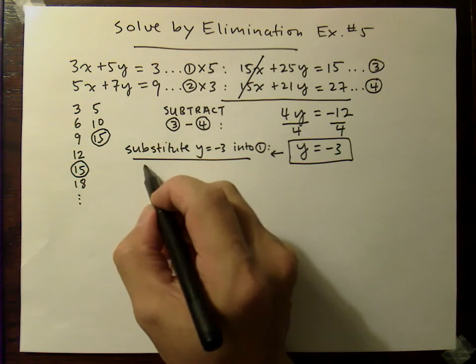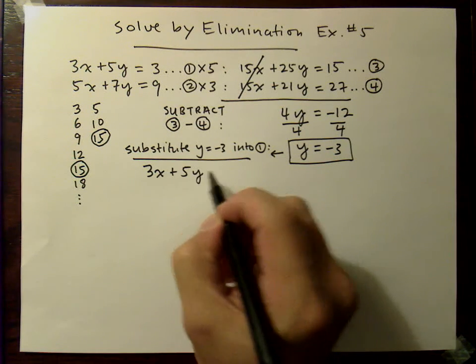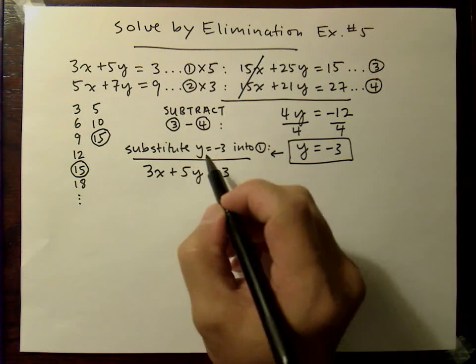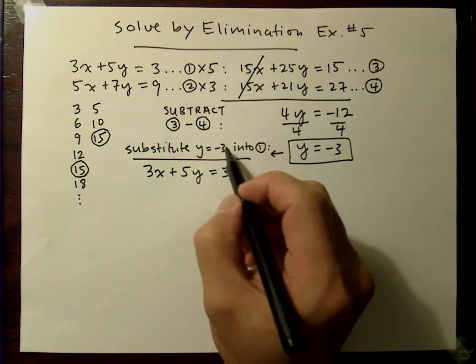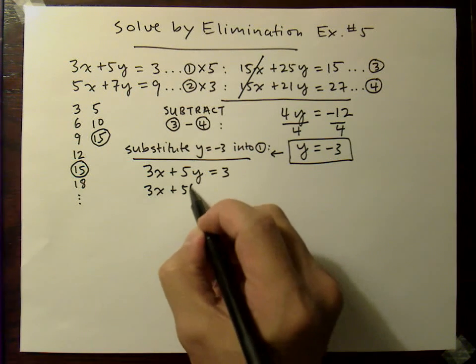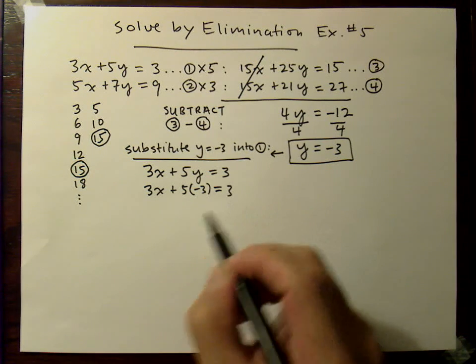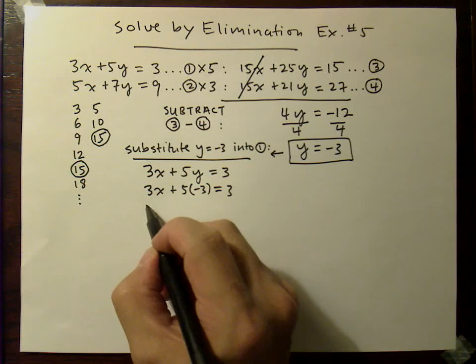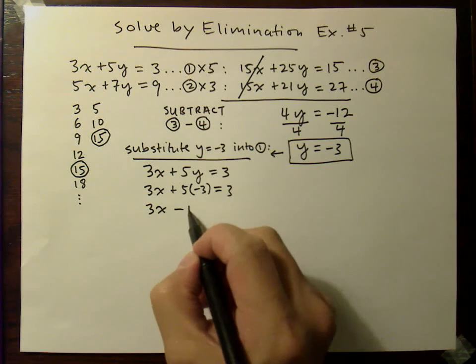So I'm just going to copy out equation 1 just so I don't make any mistakes here, and I'm going to be substituting in y with negative 3. So everywhere I see y, I just replace it with negative 3 and then simplify the equation. Plus 5 times negative 3 is minus 15.